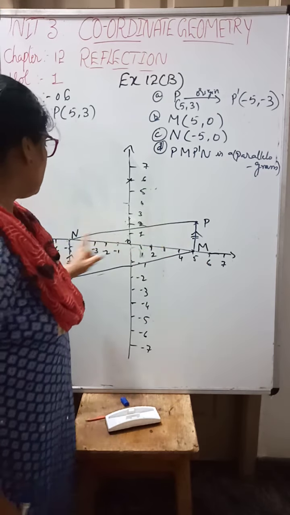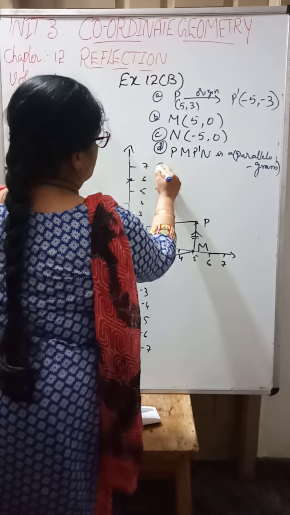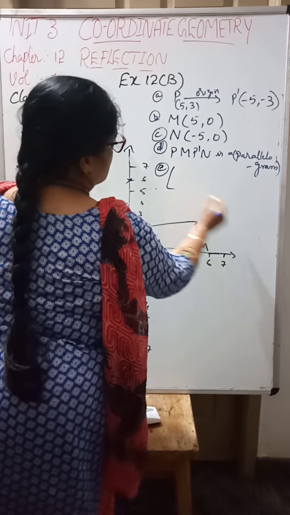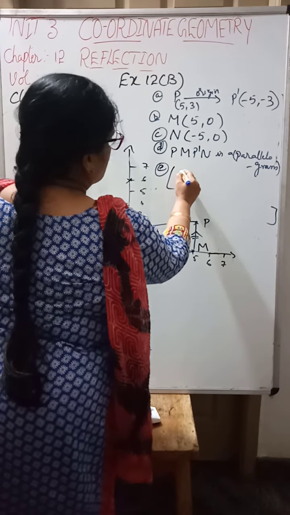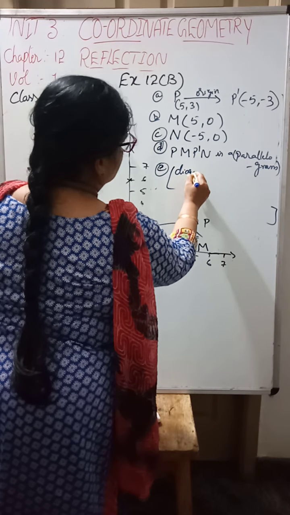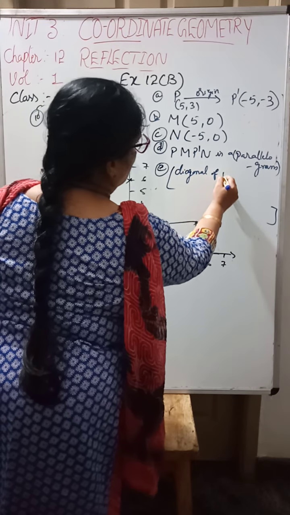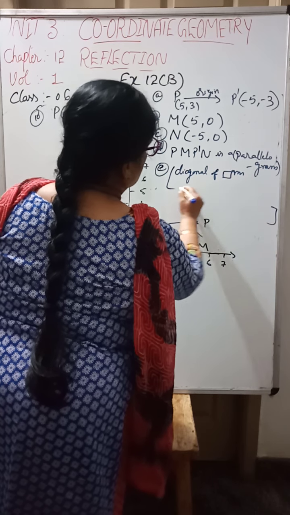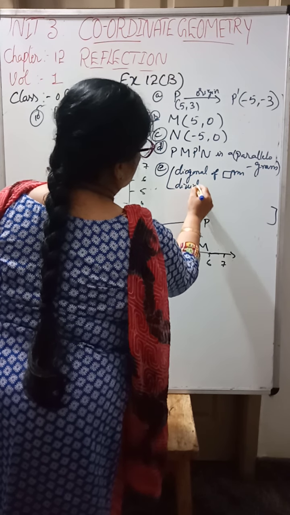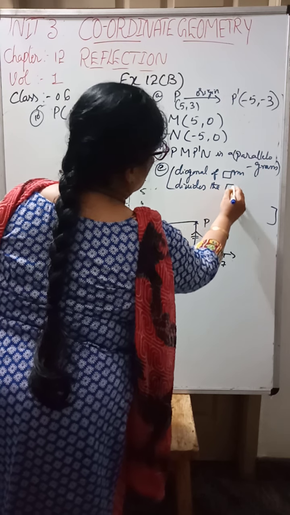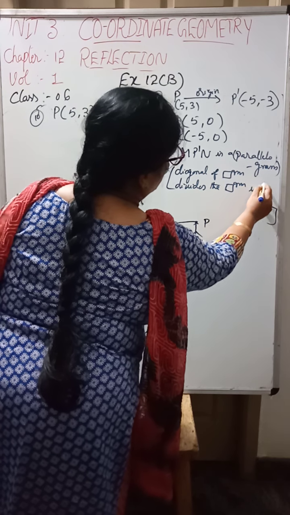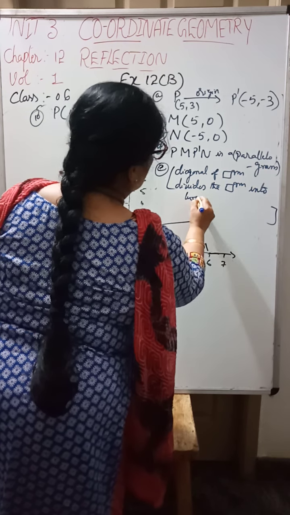Let me write here for your part E. The diagonal of a parallelogram divides the parallelogram into two equal areas.